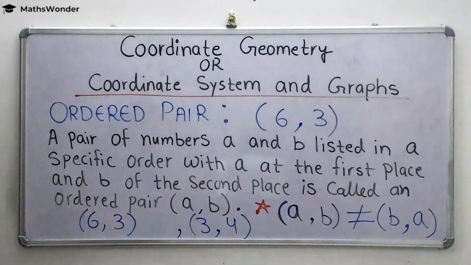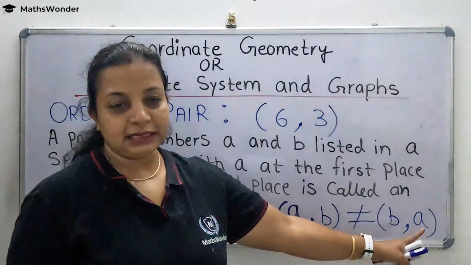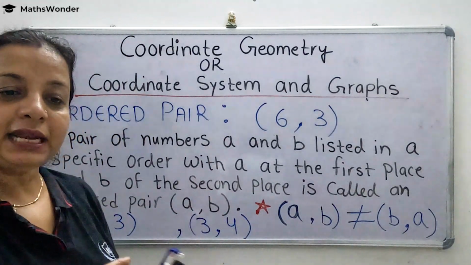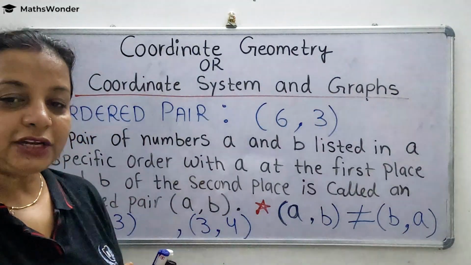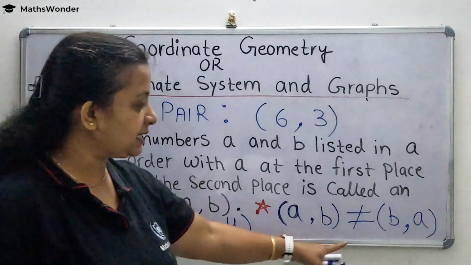Now I will tell you which type of question. So A comma B is one ordered pair. When you change the place, the meaning will be different. So don't change the place.